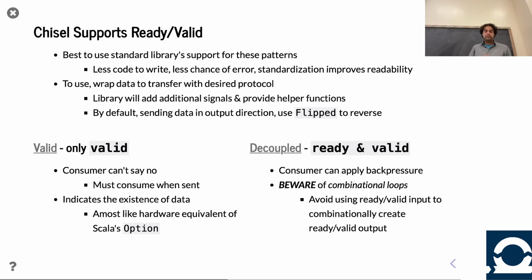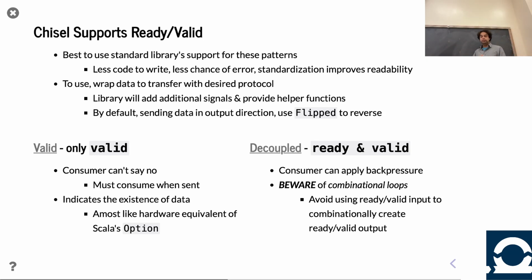So what do we do? Basically, you take a port that you want to send data on, and then you annotate it with what kind of protocol you want, and Chisel will automatically add the additional wires you need. For example, if I want both ready and valid, I take that data port and wrap it in this Decoupled construct.